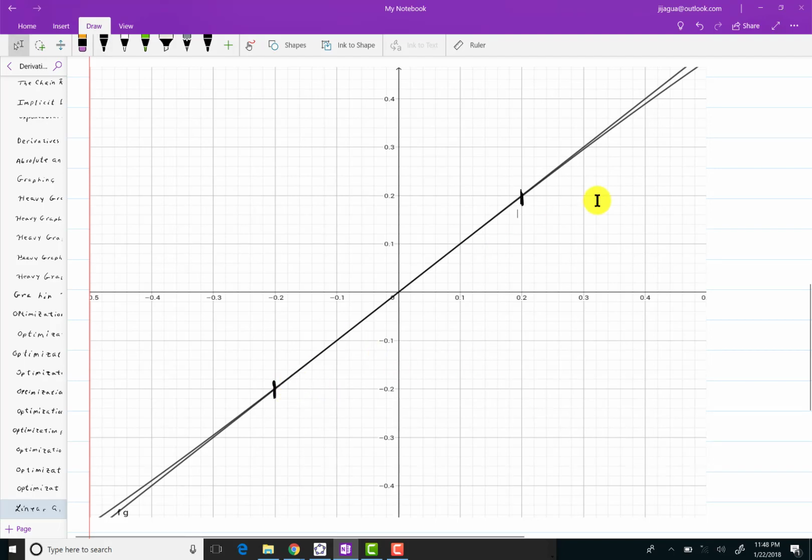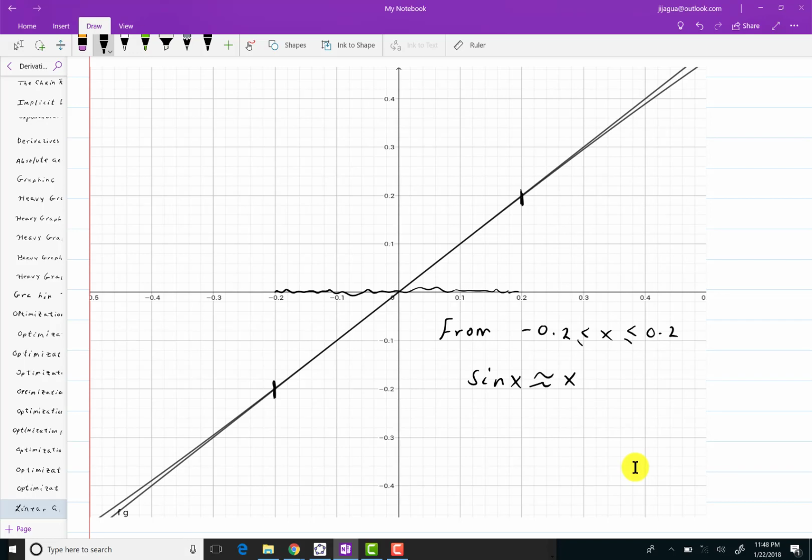They look the same to me. So I would say in this region, from negative 0.2 to 0.2, sine of x is the same as y equals x. So let's put less than or equal to. Sine of x is approximately x.